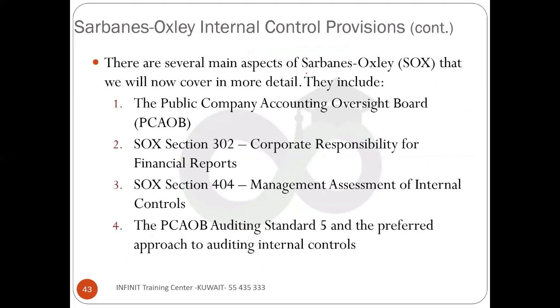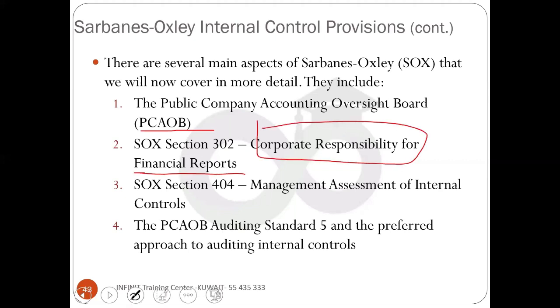There are several main aspects of Sarbanes-Oxley, or SOX, that will now be covered in more detail. The Public Company Accounting Oversight Board, or PCAOB, SOX Section 302, which covers corporate responsibility for financial reports. And 404, which talks about the assessment we just discussed.